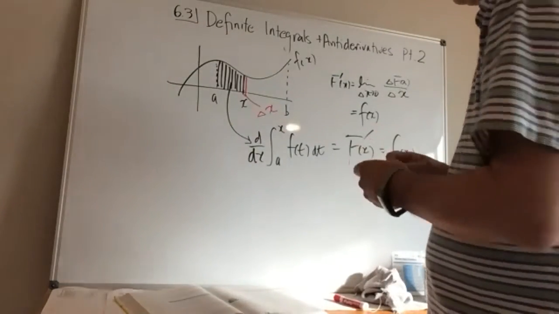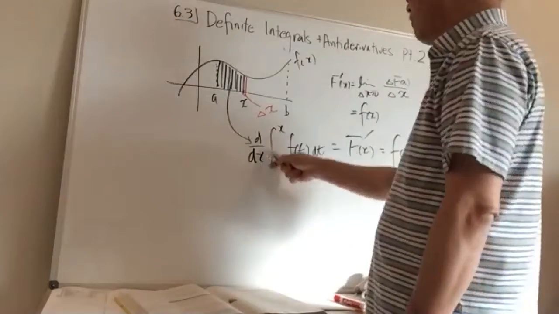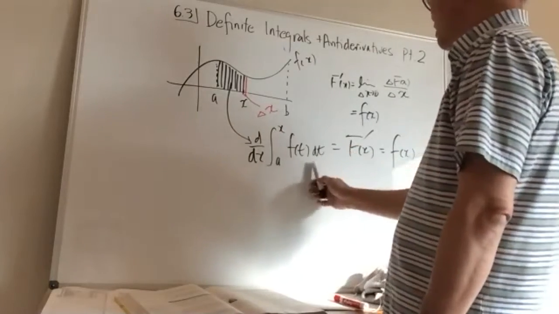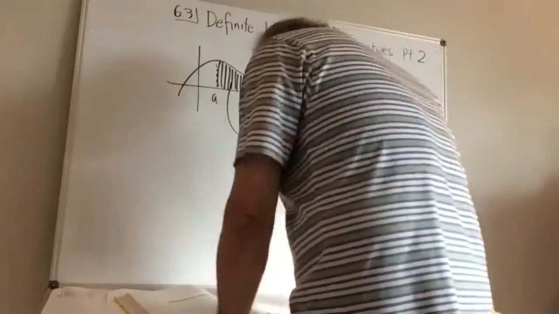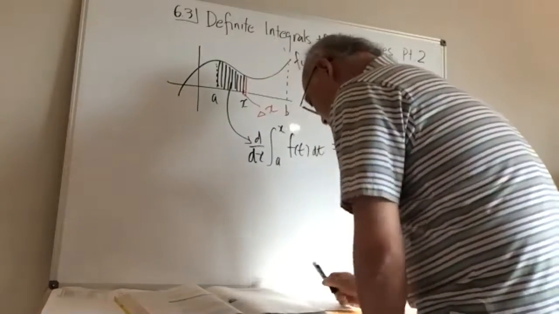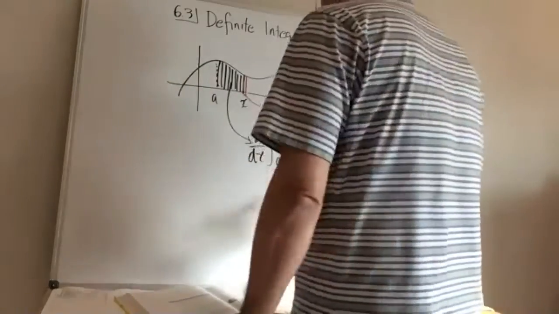Okay? So the derivative of the accumulator function basically becomes f of x. Okay? So if we're going to do a definite integral, if I'm going to go from a, so we're going to go where?